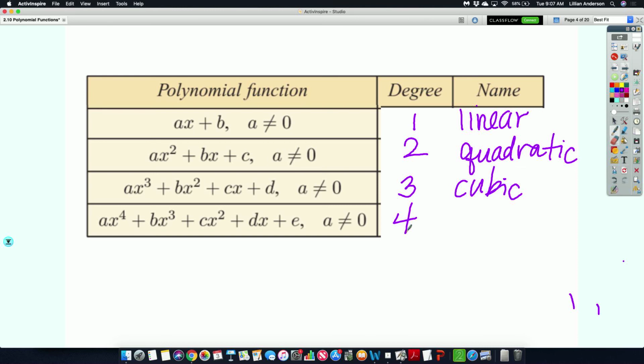Quadratic? No, that's 2. If you think in that realm, a 4-sided figure is called a quadrilateral, but the quad part is already taken for the second one. So what's another word that represents 4?